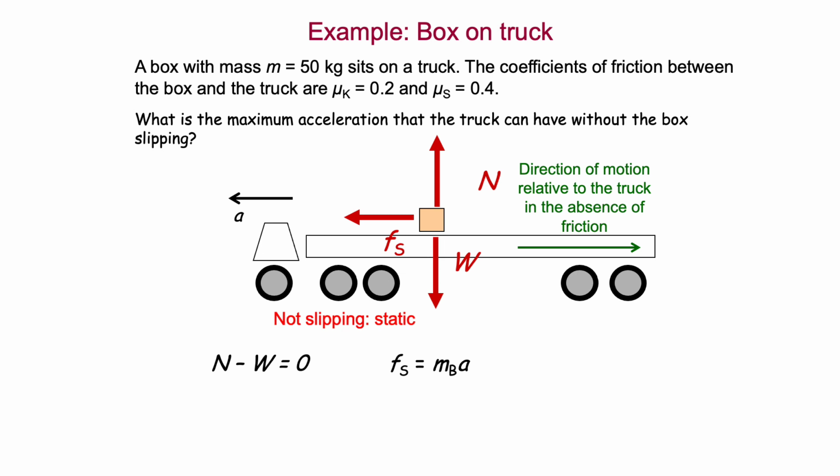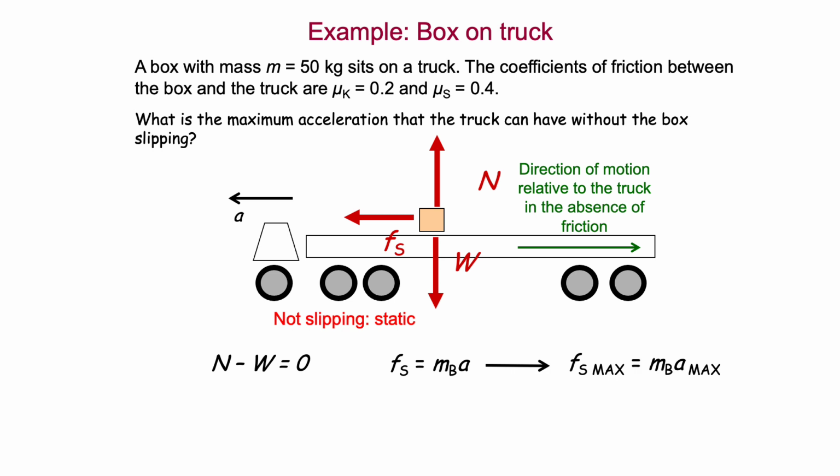Because of the static friction, which is the force between the block and the surface it's sitting on, that is going to pull the block with the truck. So the net force, F sub s, has to be large enough to equal the mass of the box times its acceleration.